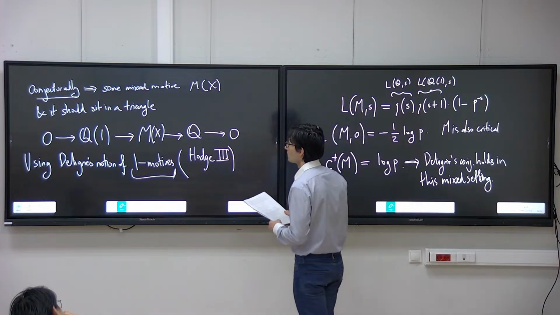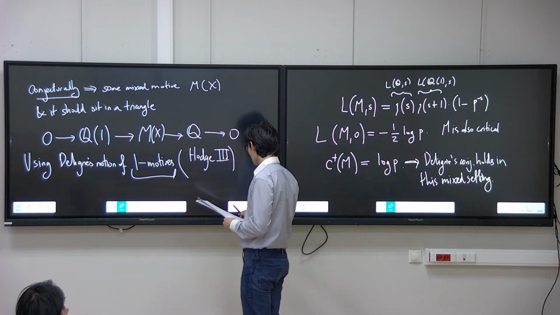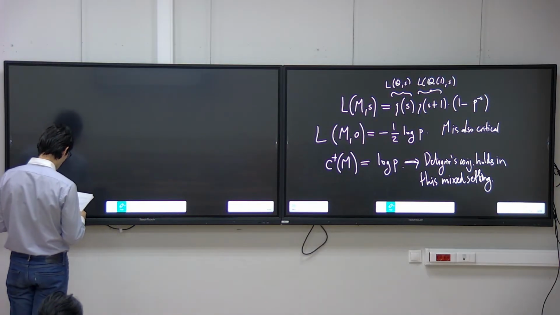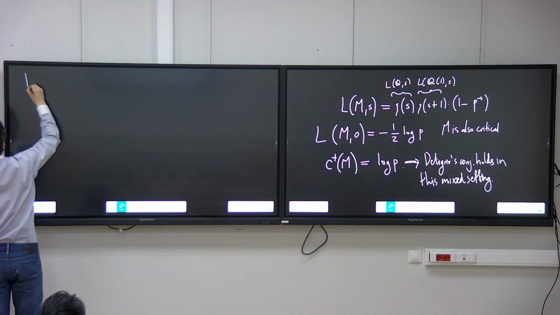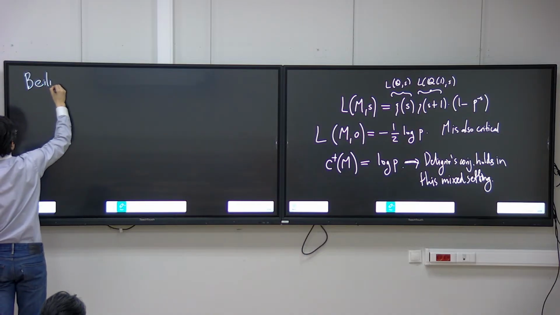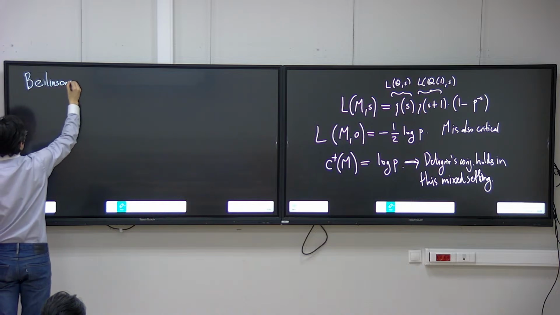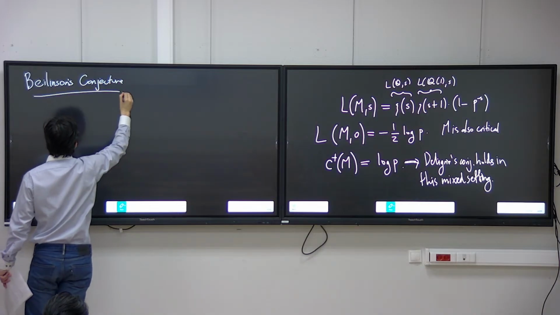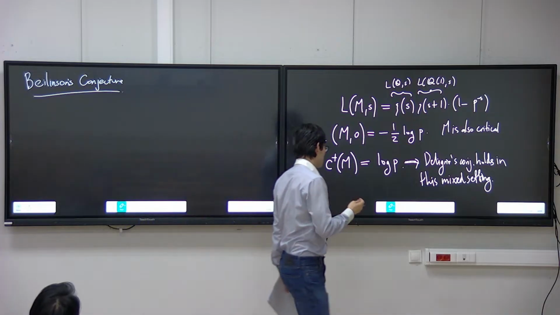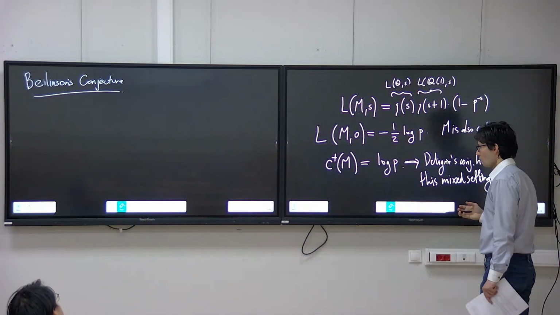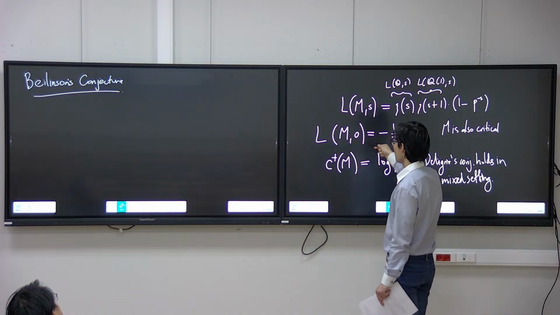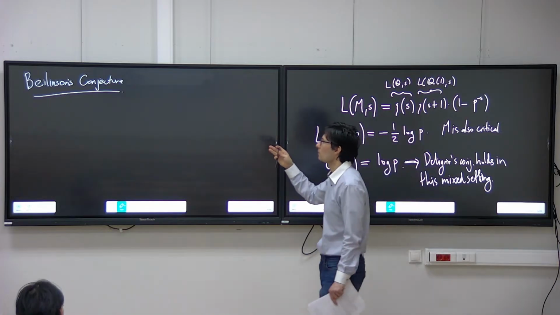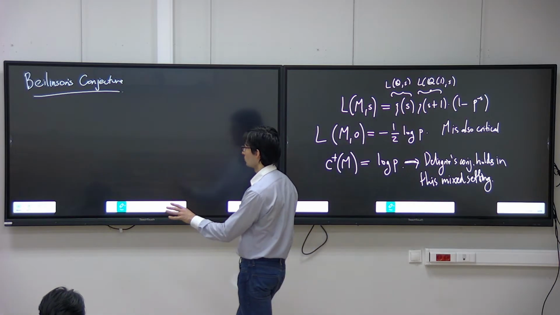Let's now state Deligne's conjecture, or try to. As I mentioned, Deligne's conjecture is concerned with what the L function value is at some finite value, while Beilinson's conjecture is concerned with the behavior at poles.